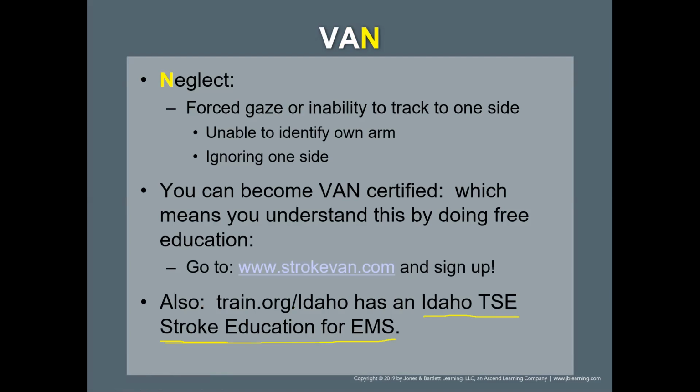I just did this not long ago when I first started this training, just because I do it every time I do this training. So you can get that education as well. So train.org/Idaho/welcome is where you're going to go.